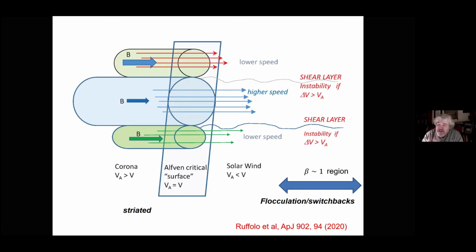The thing that really suppresses the turbulence is, of course, if you have no velocity field, then it's hard to have turbulence. But also if you have velocity and magnetic field that are everywhere parallel to each other, that tends to suppress the turbulence, just as it does in the cartoon.